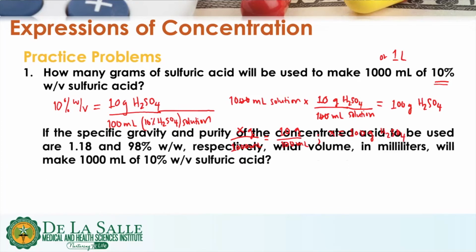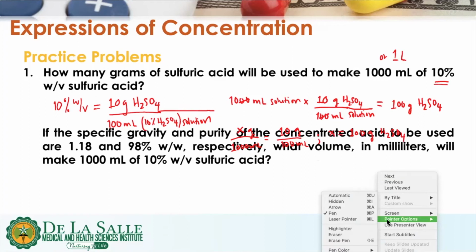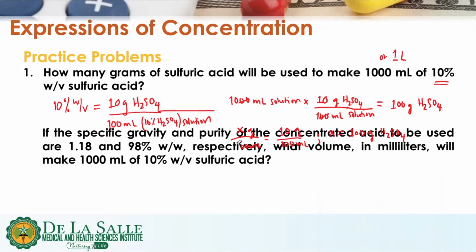Now, if we have a concentrated acid, remember that these substances are corrosive and they are often not allowed to be weighed using analytical balances, because these concentrated acids have the capability to corrode the metal in your analytical balance.